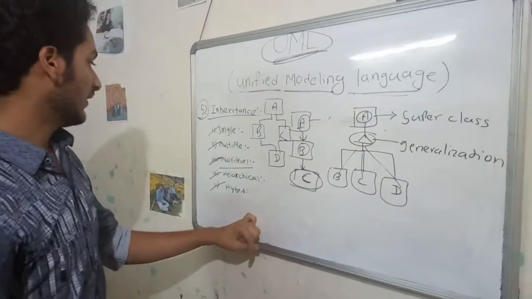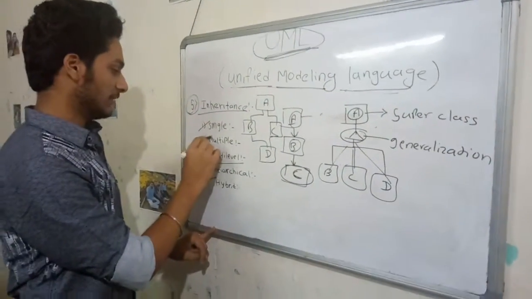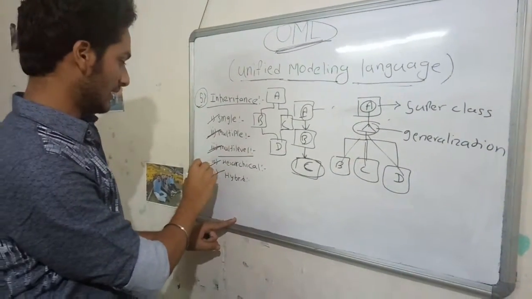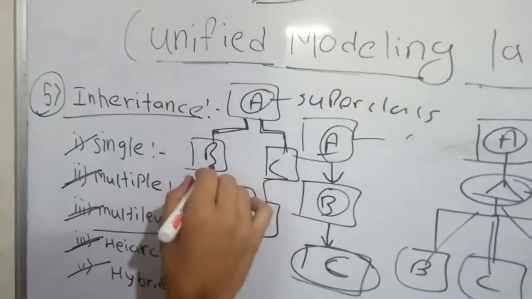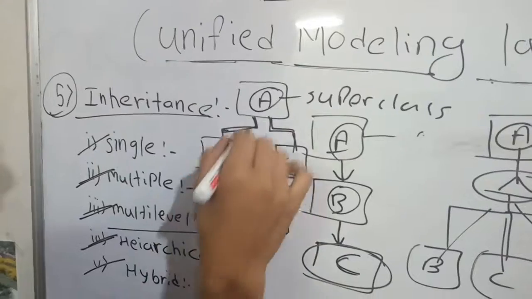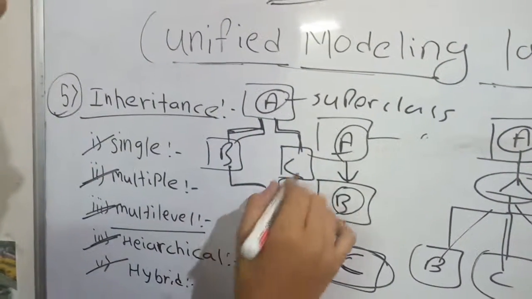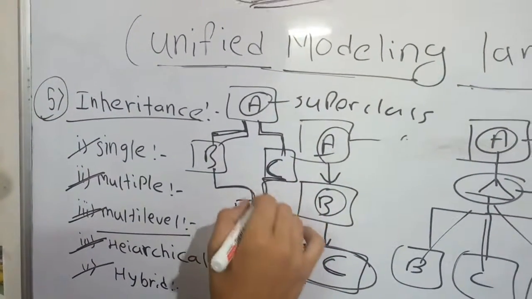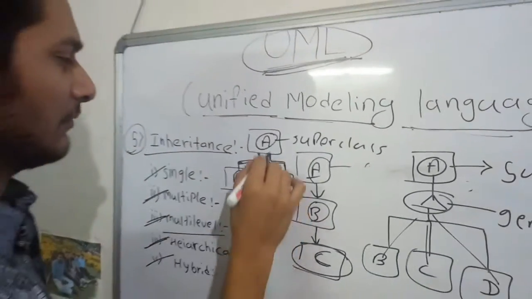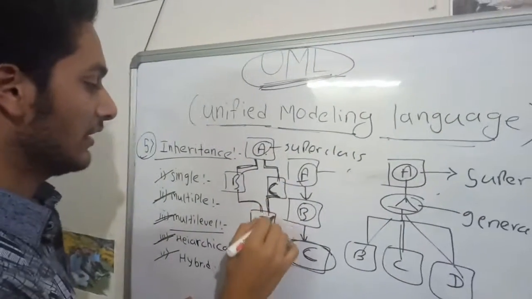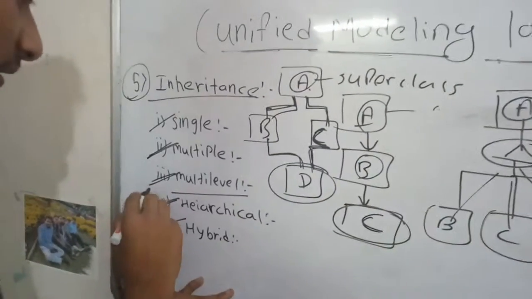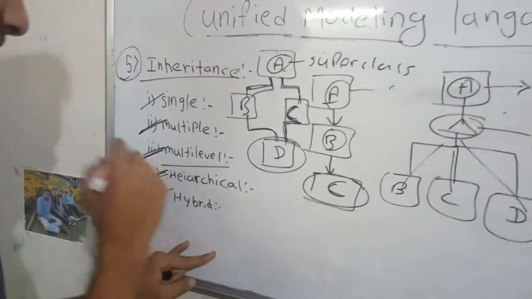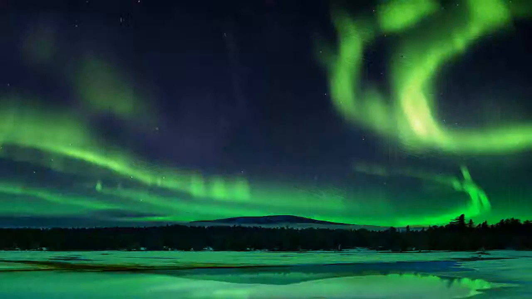This hybrid inheritance is a combination of multiple and hierarchical inheritance. The properties of A are inherited by B and C. In this, the properties of B as well as A are inherited by D, and the properties of C as well as A are also inherited by D. This is the combination of multi-level and hierarchical inheritance.